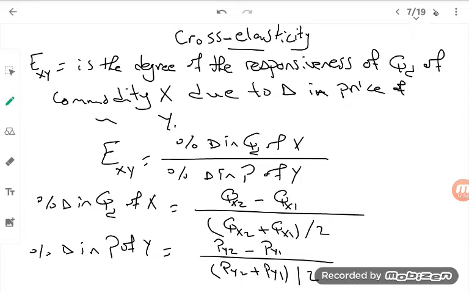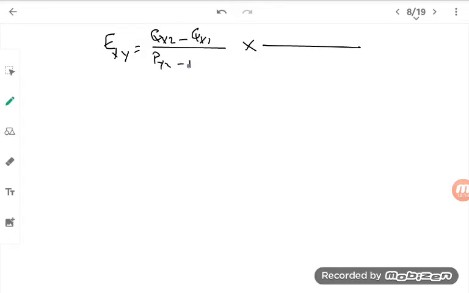So it can be written as QX2 minus QX1 divided by PY2 minus PY1 multiplied by PY2 plus PY1 divided by QX2 plus QX1.